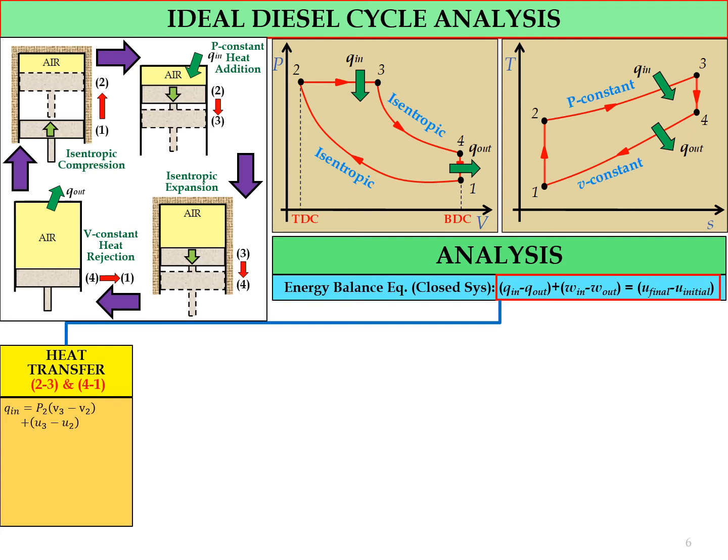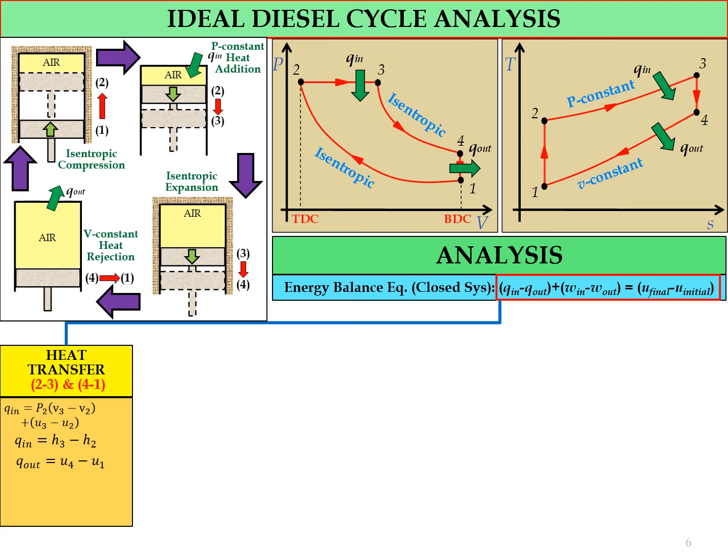Since it has pressure, we should include the pressure term. As you can see here, Q in is equal to P2 times (V3 minus V2) plus internal energy at state 3 minus internal energy at state 2. And Q in is also equal to the enthalpy at state 3 minus the enthalpy at state 2.